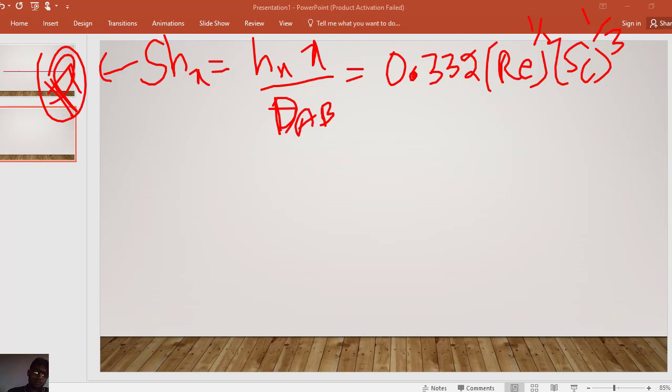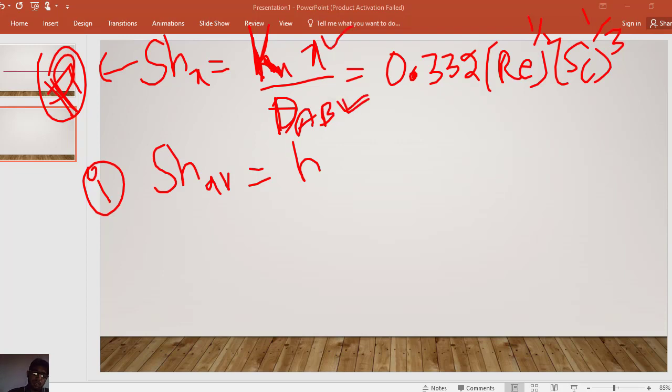And the previous equation, which was equation number I, shows the average Sherwood number. Sorry, this is the K. The local Sherwood number uses the local mass transfer coefficient, this is the x, and this is the diffusivity of A and B. And the average Sherwood number uses the average mass transfer coefficient, average K. This is not the heat transfer coefficient, but the mass transfer coefficient, which is K. H is the heat transfer coefficient.